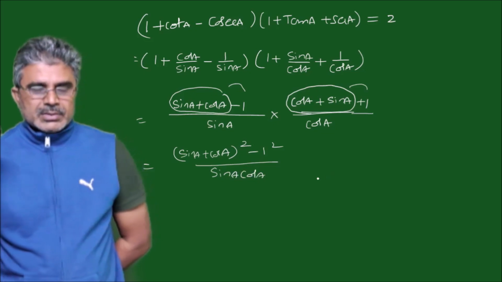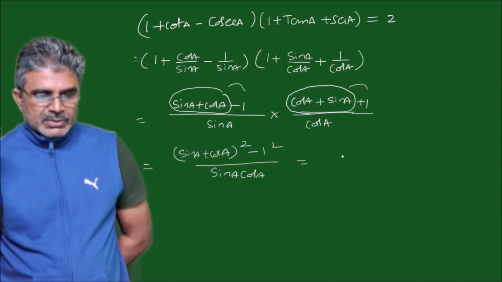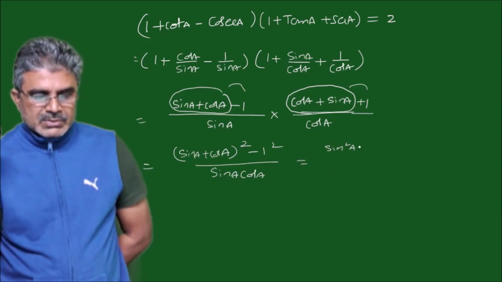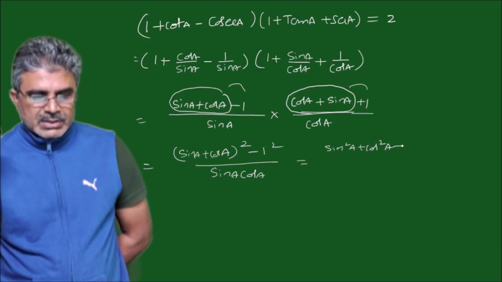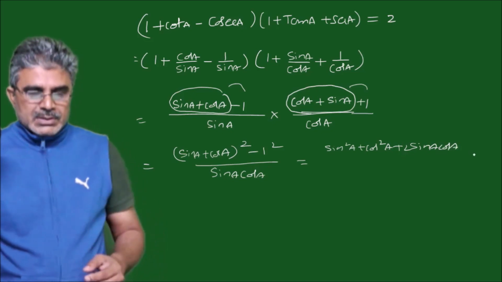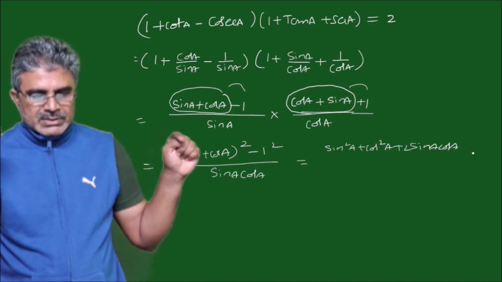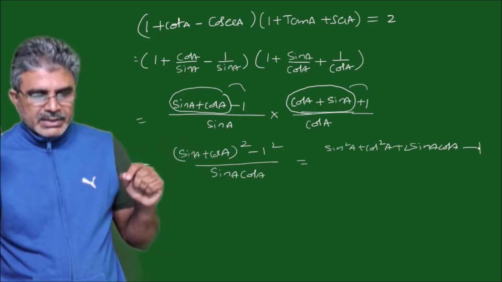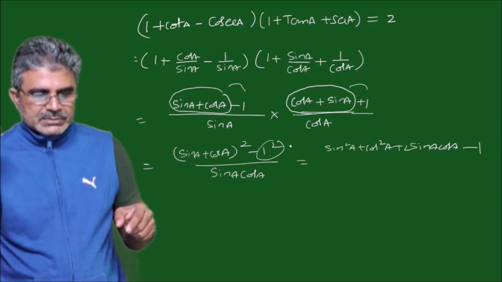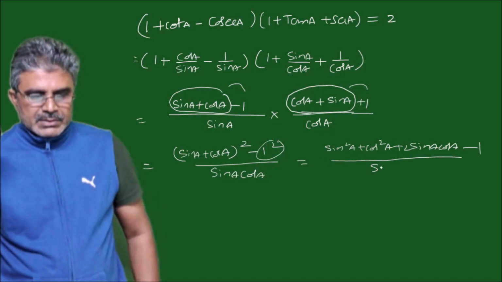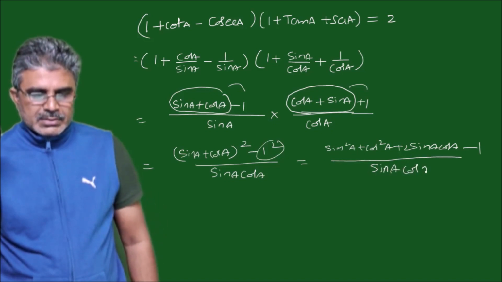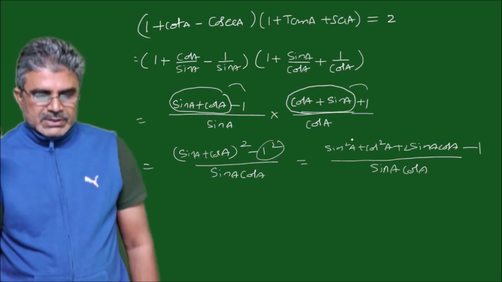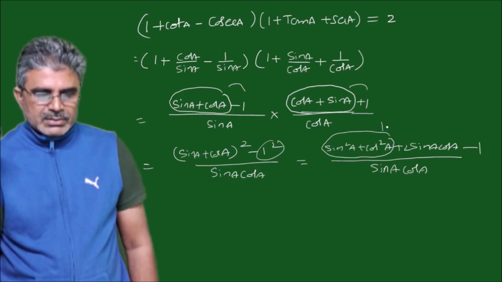I want to expand this: it is sin square A plus cos square A plus 2 sin A cos A for that expansion, and minus 1, divided by sin A and cos A. So sin square A and cos square A, using the identity, I can write as 1, but this 1 is cancelled out with this minus 1.